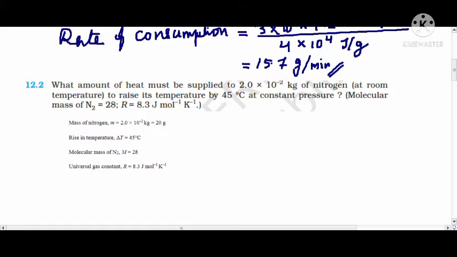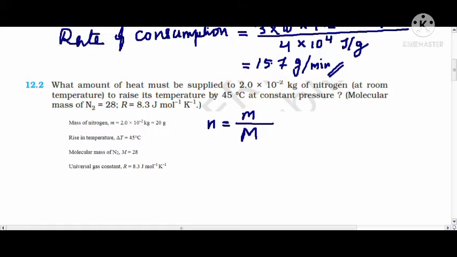Now from this we can calculate the number of moles of nitrogen. How can you calculate the number of moles? Number of moles is equal to mass upon its molar mass.